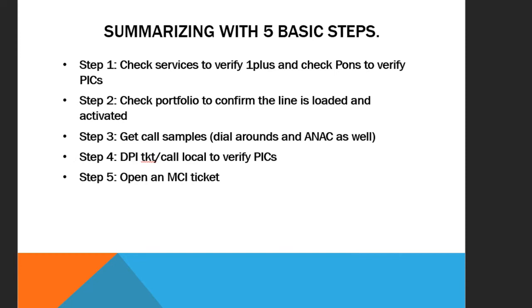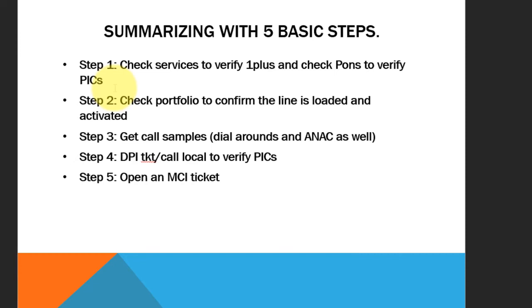I know I outlined all those issues that could be possible, right? So just to summarize with 5 basic steps, we have step 1, we want to check services to verify 1+, check pawns to verify PICs. Step 2, check portfolio to confirm the line is loaded and activated. Step 3, get call samples, dial rounds, and a naked as well. Once we have the call samples, if we are able to, we want to DPI a ticket or call it in.